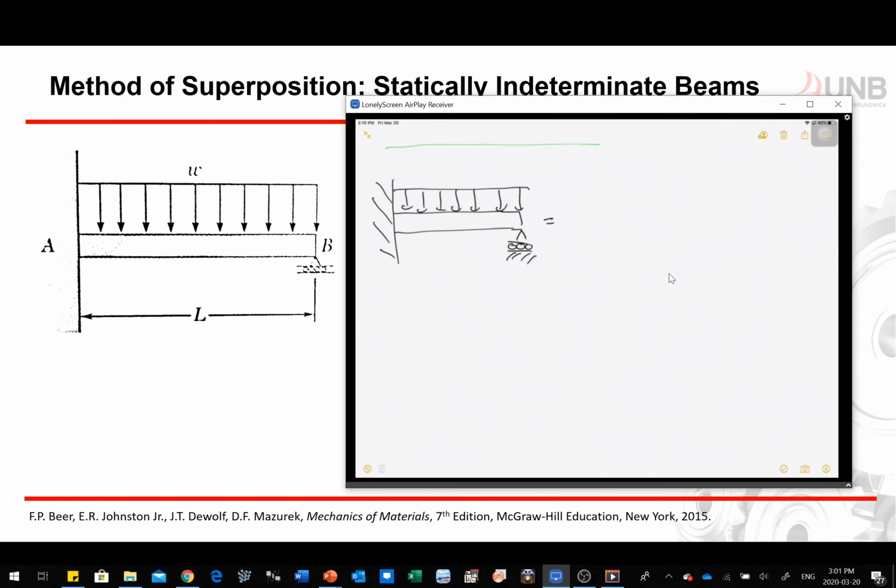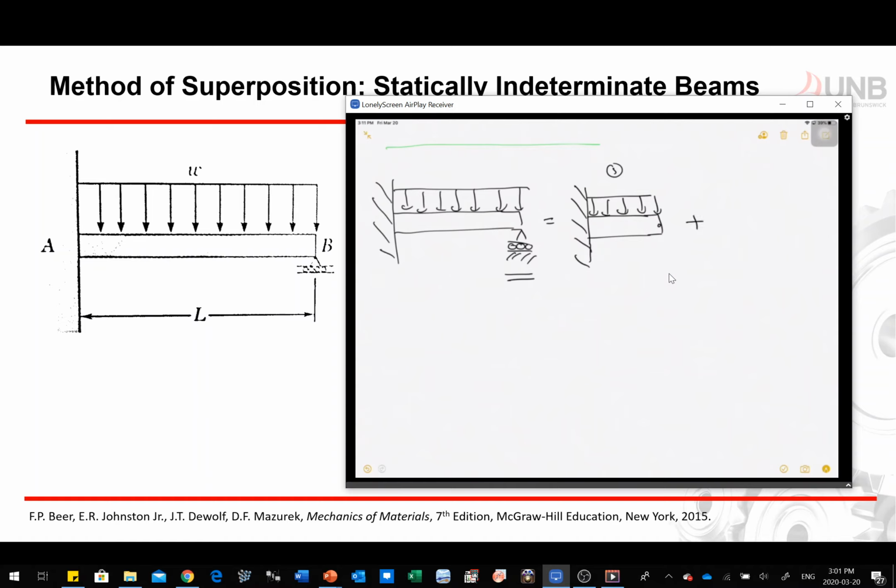So let's do that. We have here, which we can split into two. So we have this beam. Sorry, it's not to scale, but let's assume they have the same length. That's the distributed load. For the first beam, we remove the support reaction there.